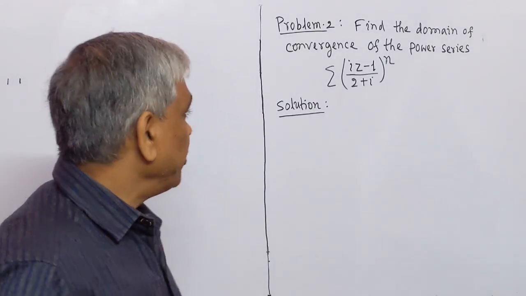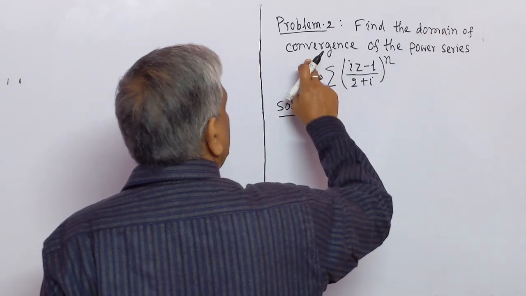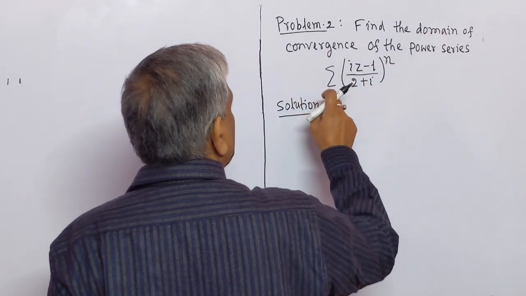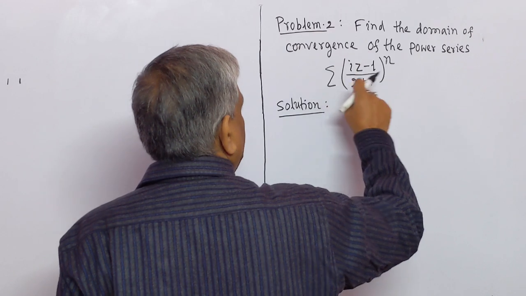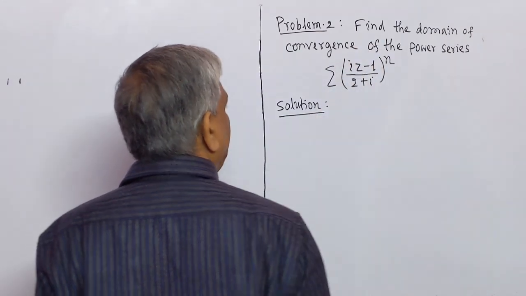Now we solve problem number 2. Problem is find the domain of convergence of the power series sigma (iz minus 1 by 2 plus i) whole to the power n.